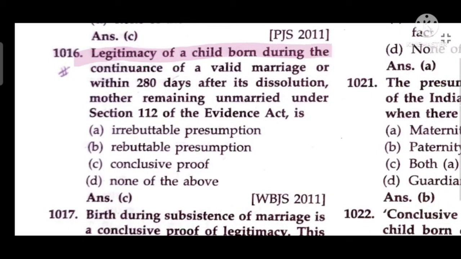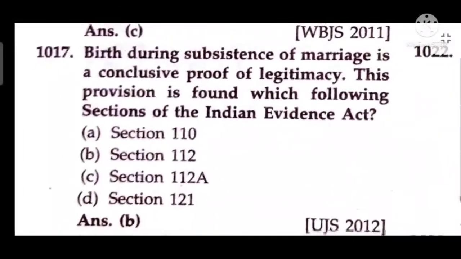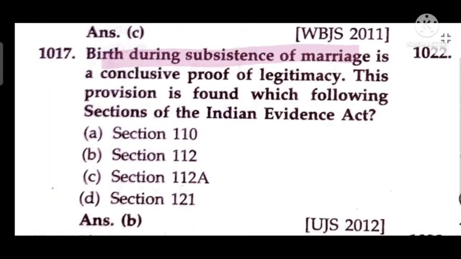Legitimacy of a child born during the continuance of a valid marriage, or within 280 days after the dissolution with the mother remaining unmarried, under Section 112 of the Evidence Act is conclusive proof. Birth during the subsistence of marriage is conclusive proof of legitimacy.